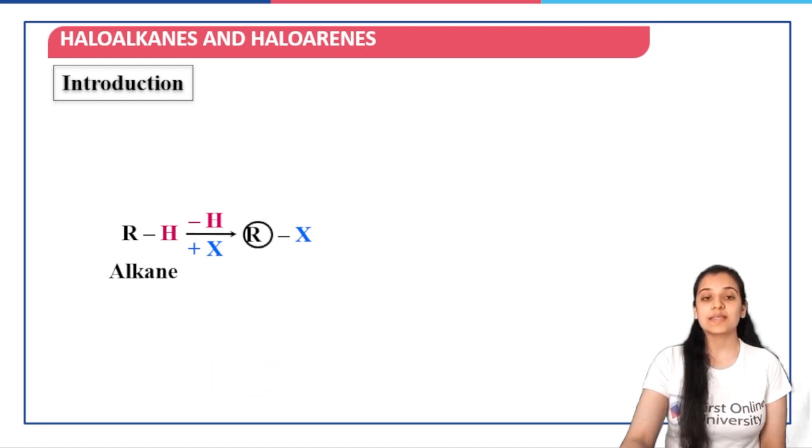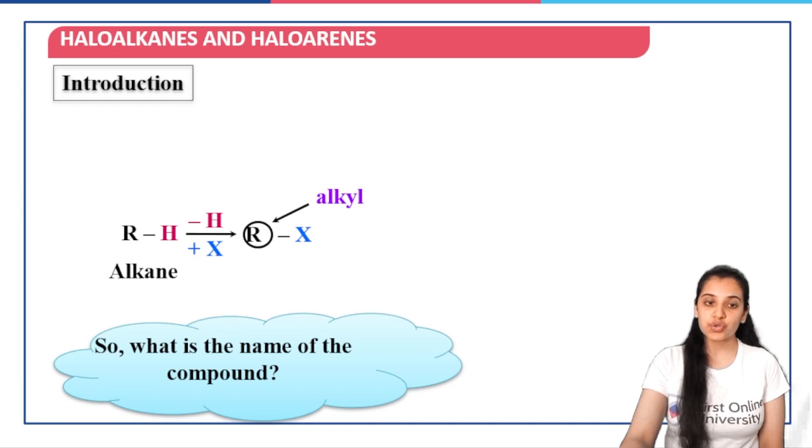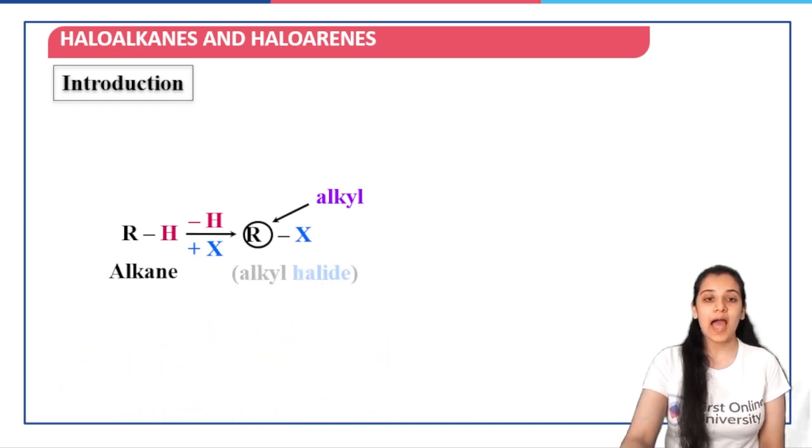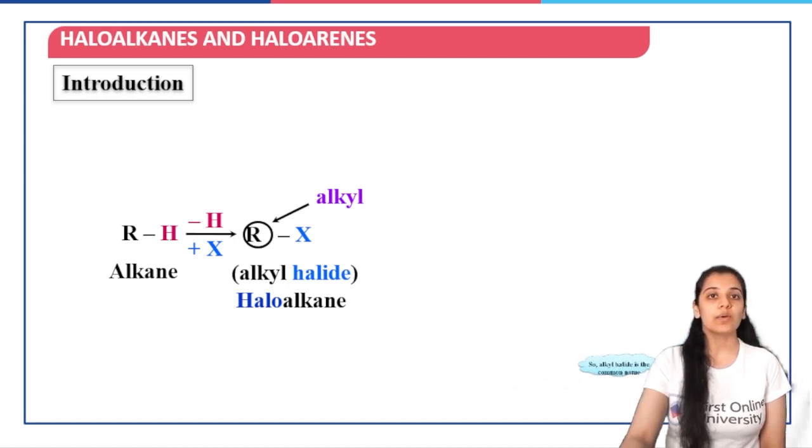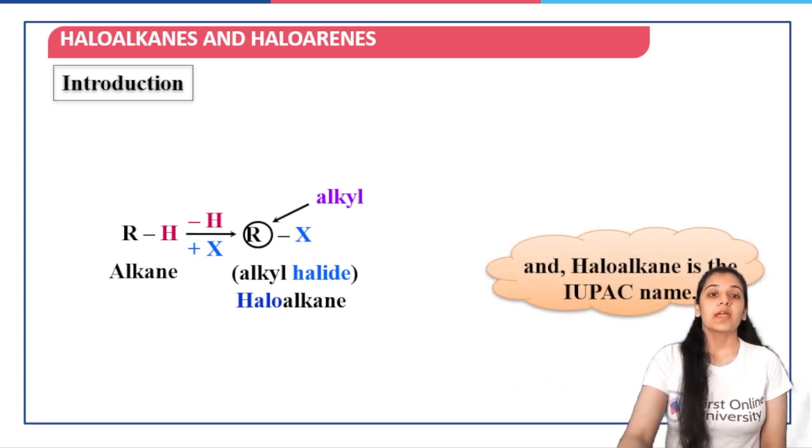Now, R is simply the alkyl part and X is the halogen group. So the name of the compound is haloalkane, or we also call it alkyl halide. Alkyl halide is the common name and haloalkane is the IUPAC name.